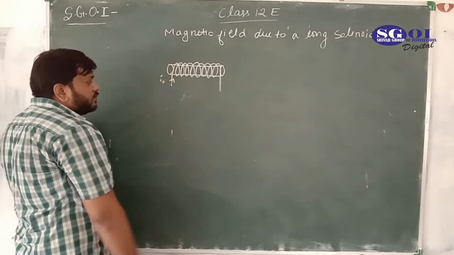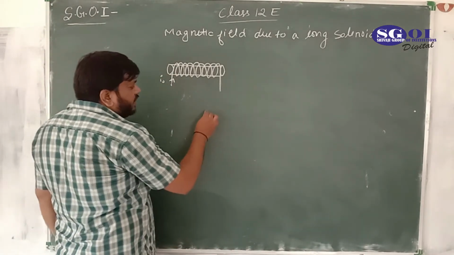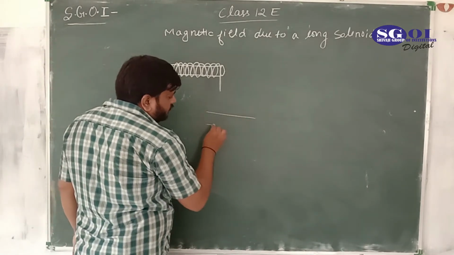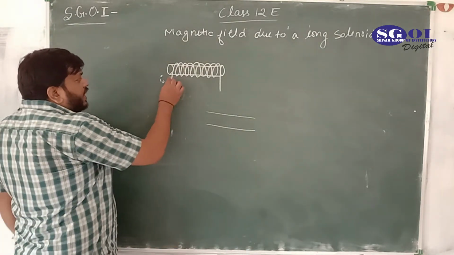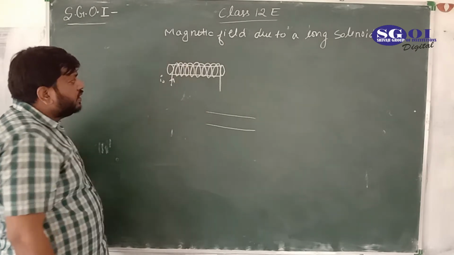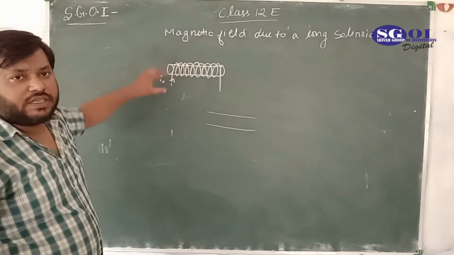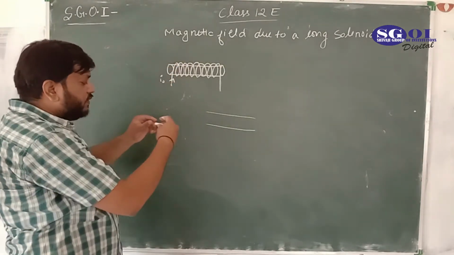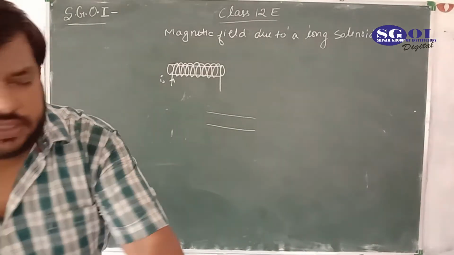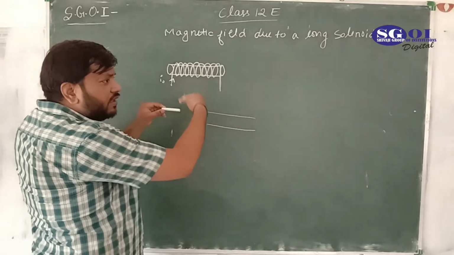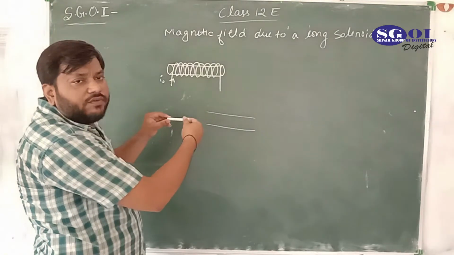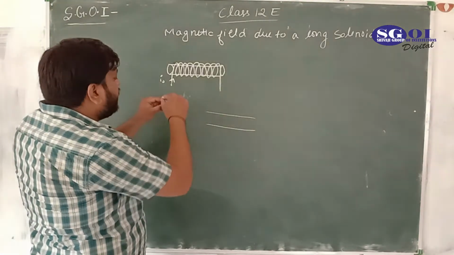So first of all, we would change this figure this way. You are seeing that current in the upward section is going. If this is a solenoid, let's say this is a cylinder around which we are wrapping the wire.